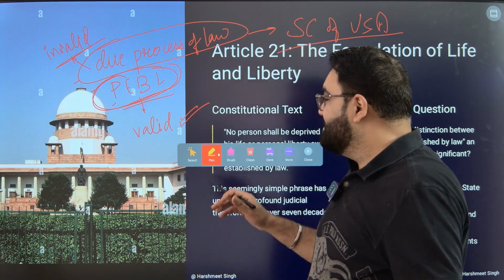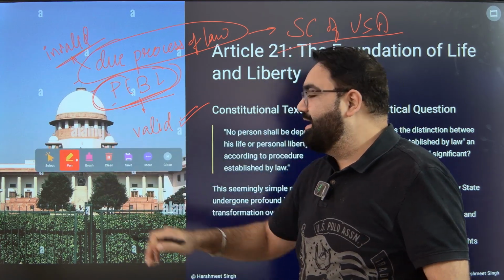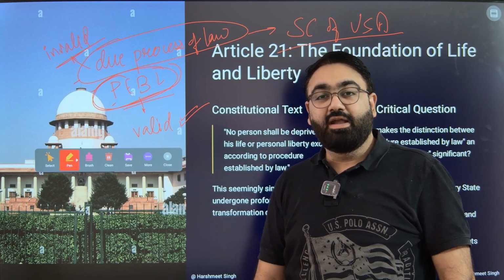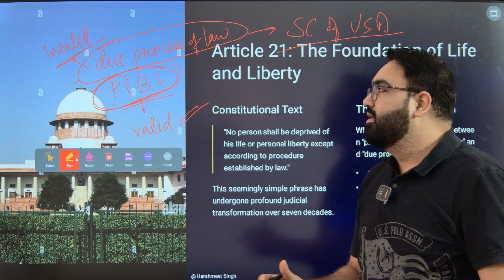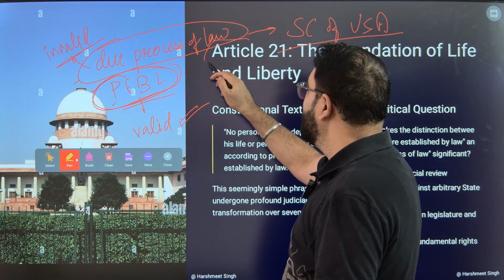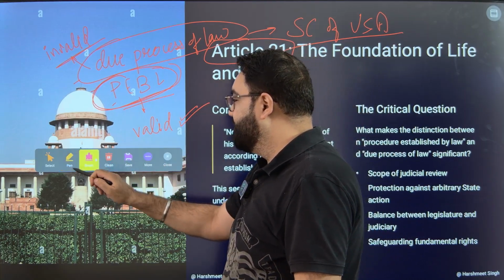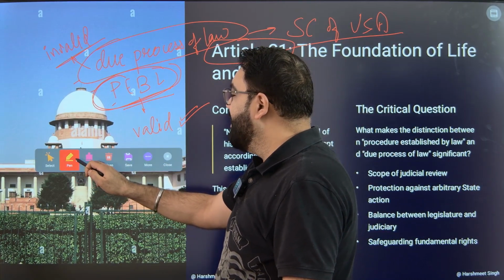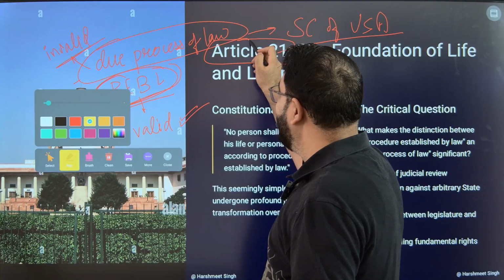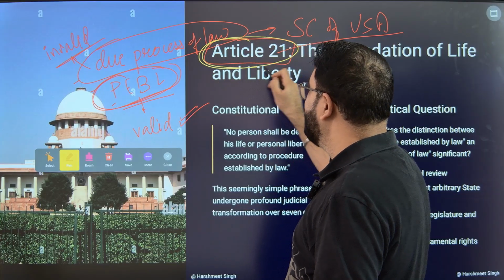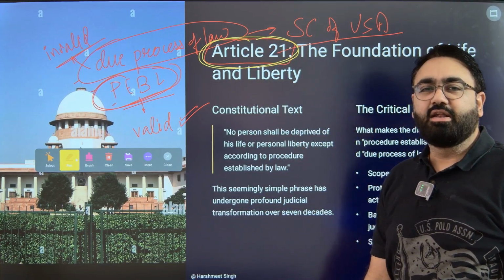Now, why is it so important to understand in the Indian context? The entire debate between the two has to be seen in the context of Article 21. Article 21 is the one article which has been a lot in the news, especially with respect to these two. Now, what is Article 21?